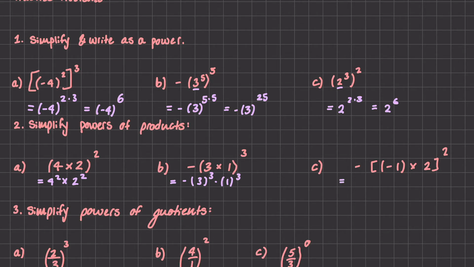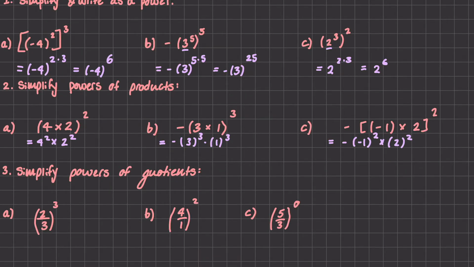And finally, over here, let's see. We have negative 1 raised to the exponent 2 times 2 raised to the exponent 2. Only here, with our negative signs, we need to be a bit careful.